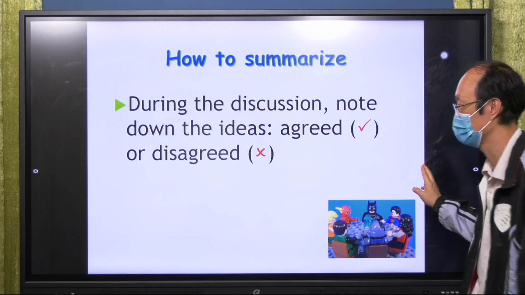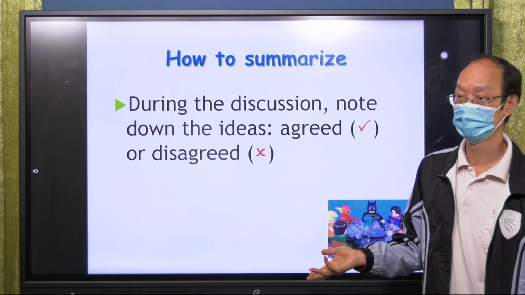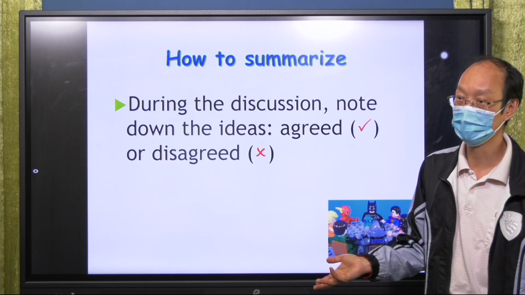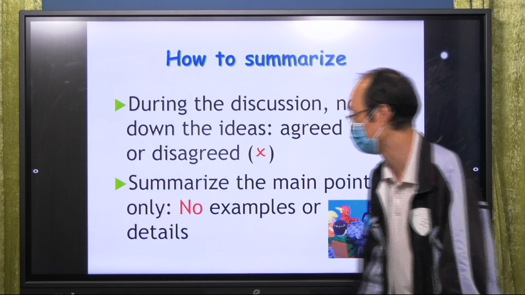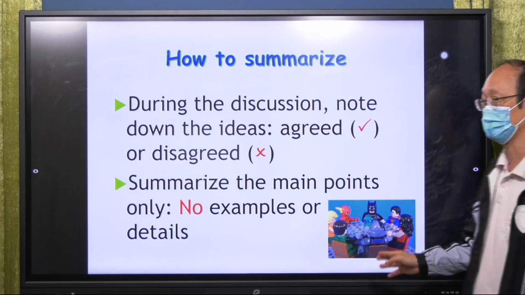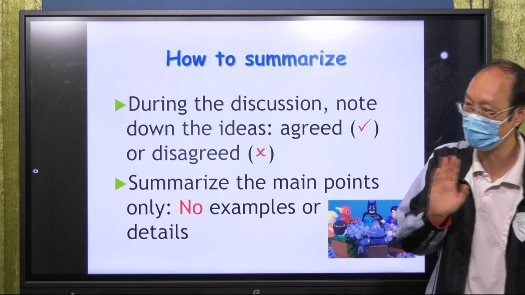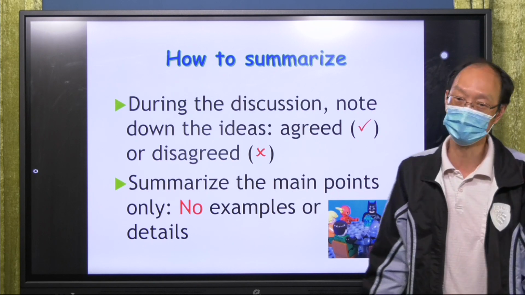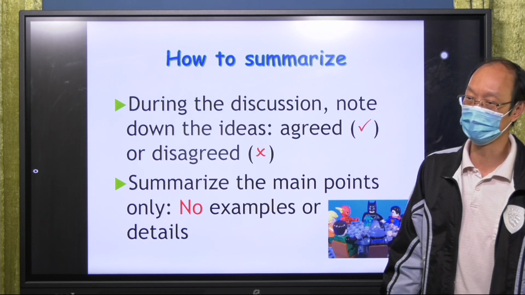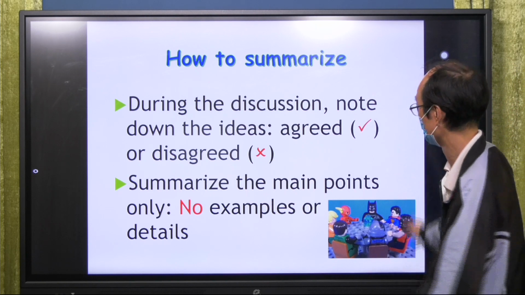You should write down something, otherwise you cannot remember what you have said. Second, you should summarize the main points only. You don't need to give any examples or details, or mention the examples you have talked about in the discussion.